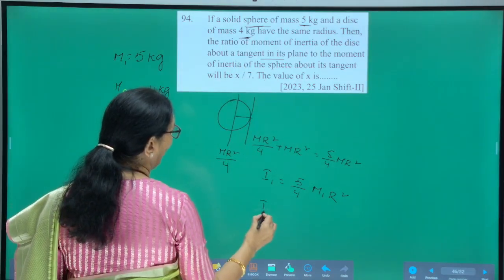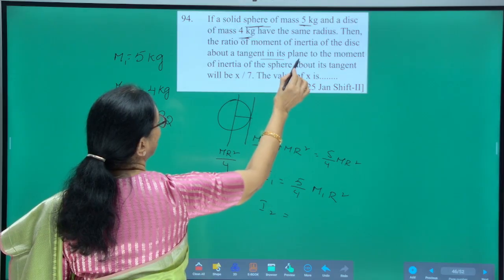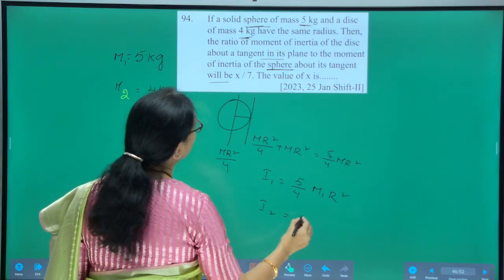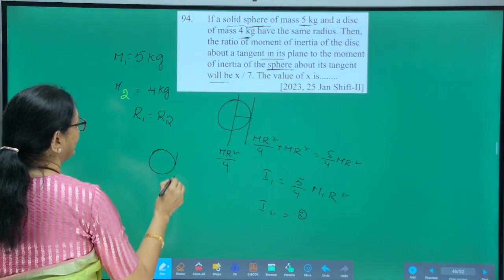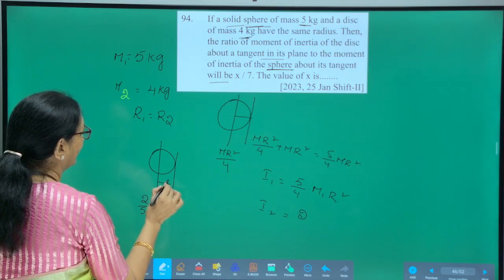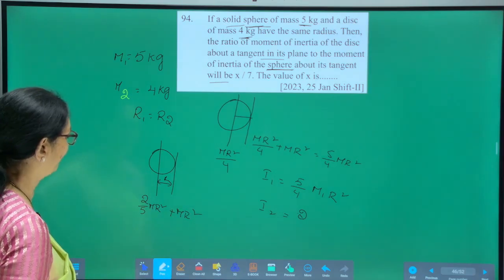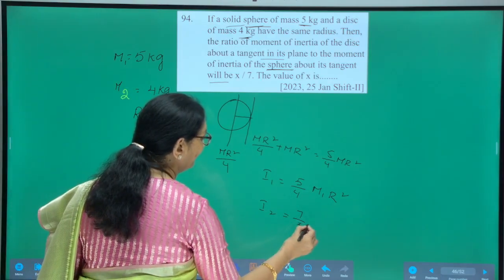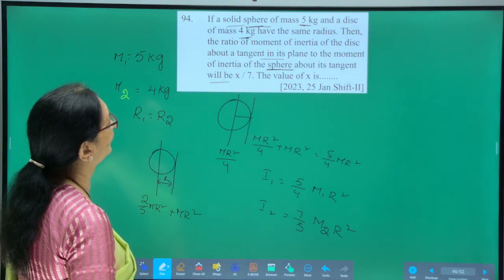That is I1, and I2 is the moment of inertia of the sphere about the tangent. For a solid sphere, the moment of inertia about the tangent: Ig is equal to 2 by 5 mr square for a solid sphere, and the perpendicular distance is r, so plus mr square. So, this becomes 7 by 5 mr square. So, it becomes 7 by 5 m2 r square, because masses are different, radii are equal.